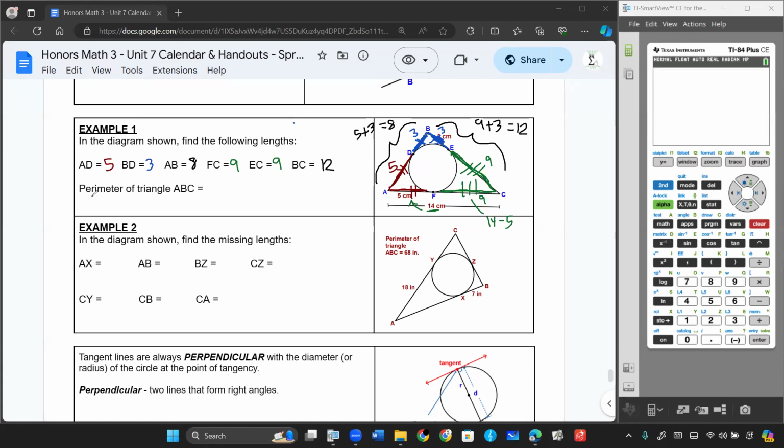The perimeter is adding up all the sides. So you have 3 sides: you have 14, 8, and 12. Add them up, that's 20 plus 14. So your total perimeter is going to be 34 units. Not too bad, right? So go ahead and try example 2, pause the video, and you can unpause it and we can check it out.